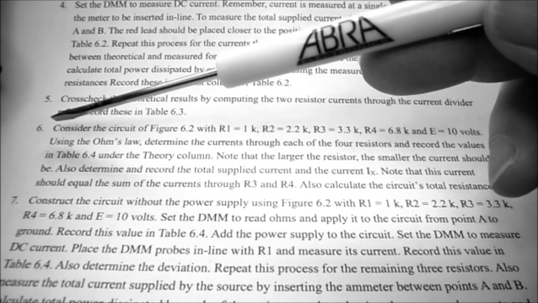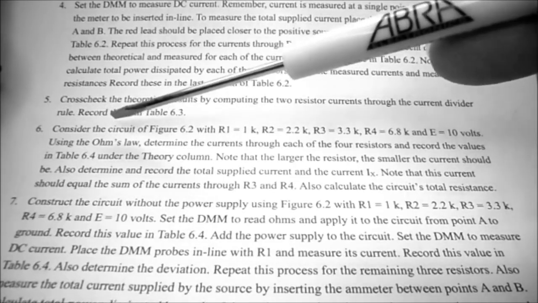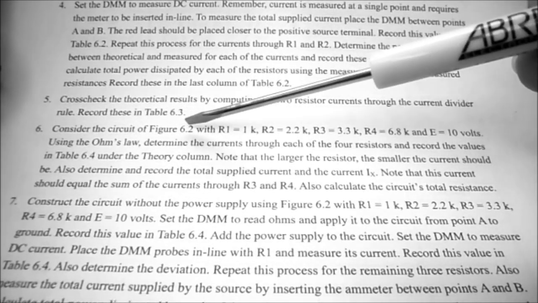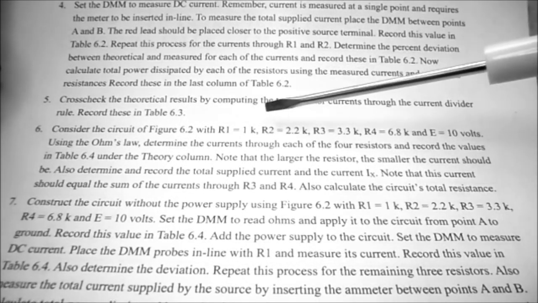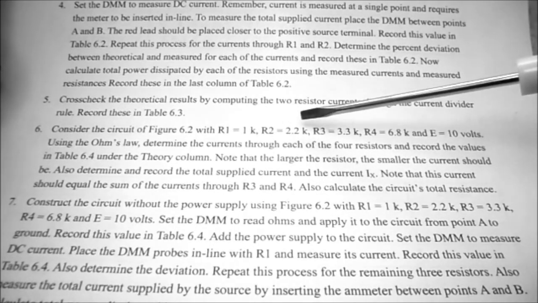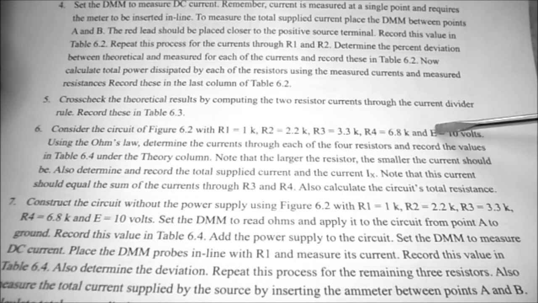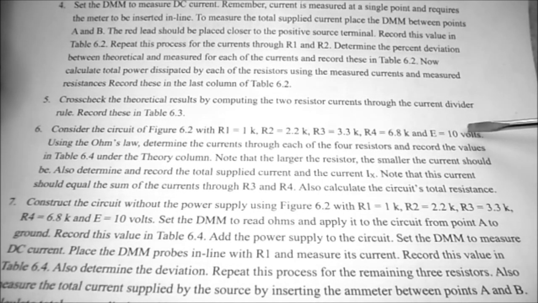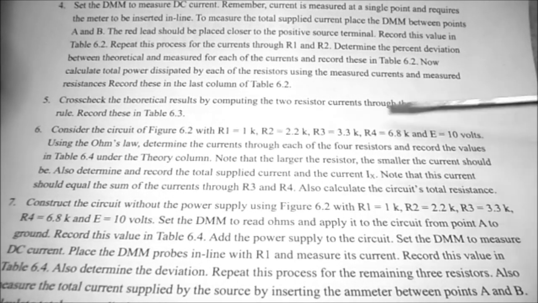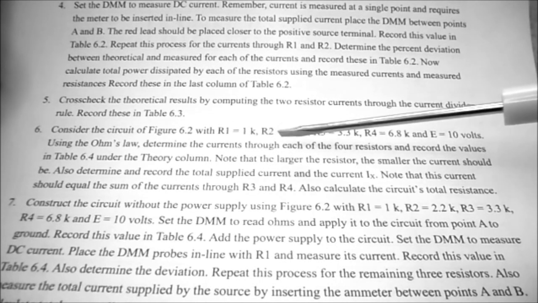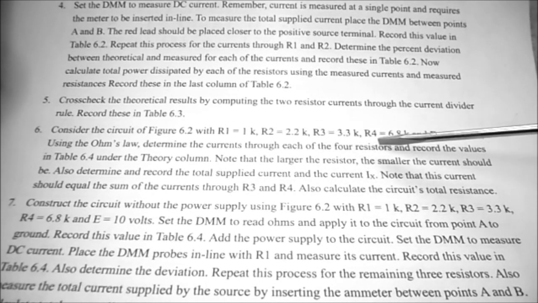So under procedure, step 6, we're now going to be working on the circuit of figure 6.2 with the 1K, the 2.2K, the 3.3K, and the 6.8K, and the applied voltage is 10 volts. We're going to use Ohm's law to determine the currents through each of the four resistors.